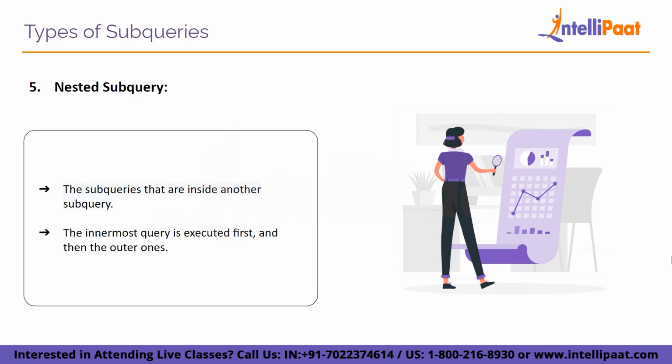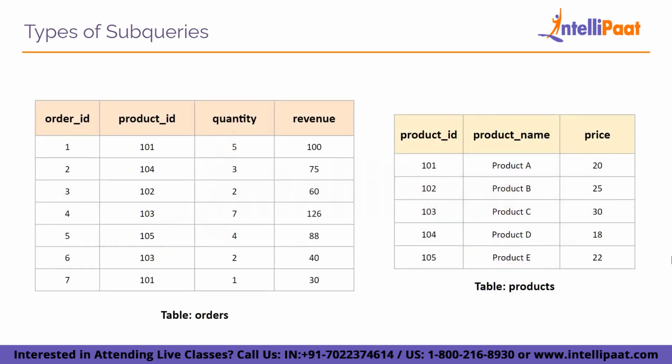So this subquery takes the concept of subqueries to a whole new level by nesting them inside one another. It's like creating a chain reaction of queries where each one builds on the results of the previous one. Here again you can see the two tables, orders and products.